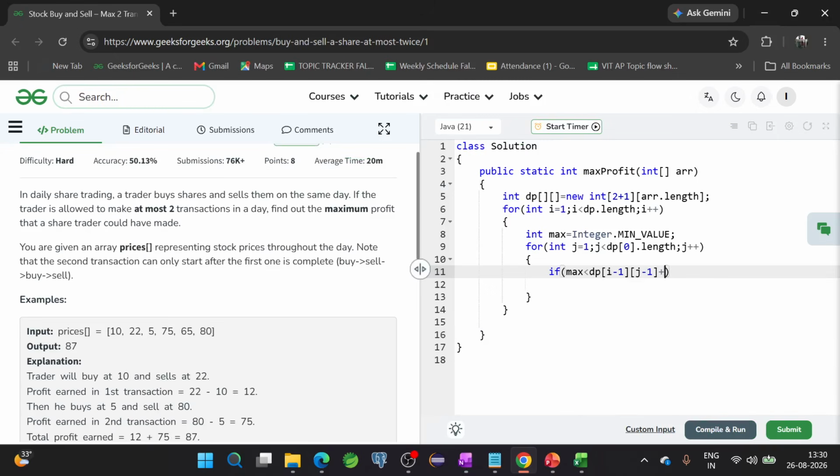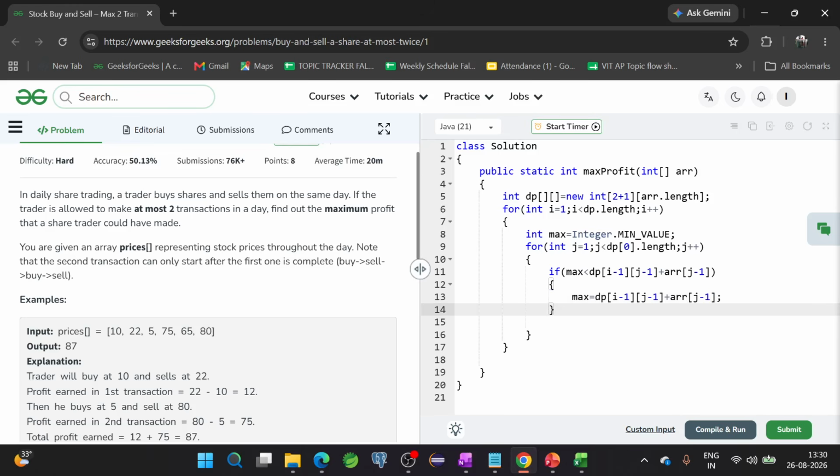And this one is 0 minus array of j minus 1. If max is smaller than that, then update max: max equal to dp of i minus 1, j minus 1 plus array of j minus 1.